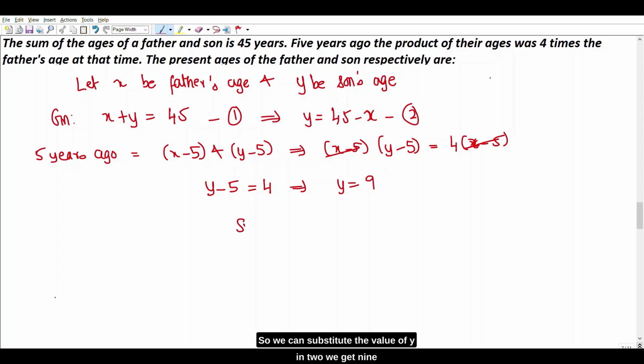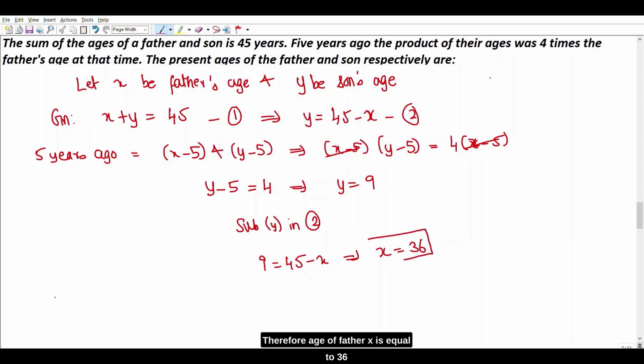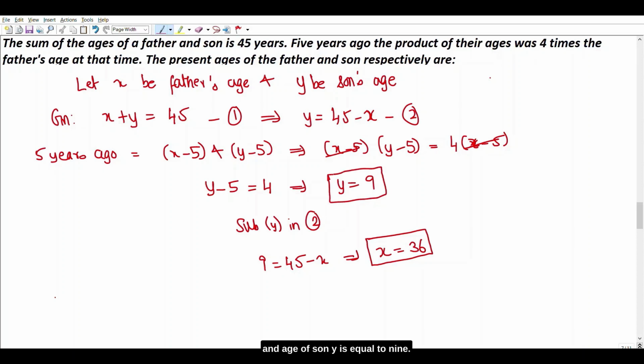So we can substitute the value of y in 2, we get 9 equal to 45 minus x, which implies x is equal to 36. Therefore, age of father x is equal to 36 and age of son y is equal to 9.